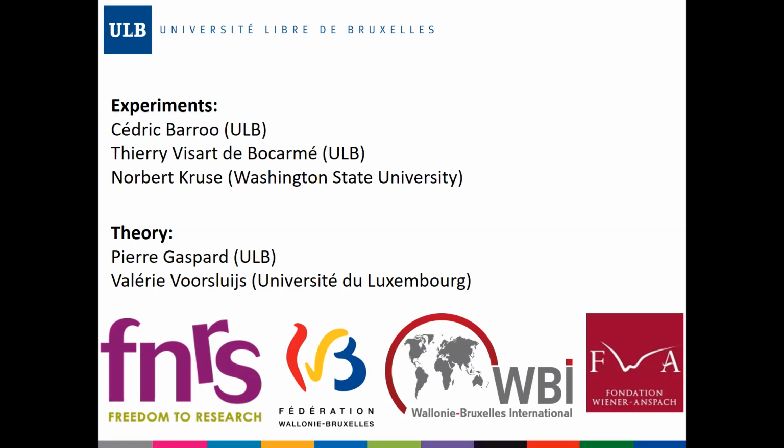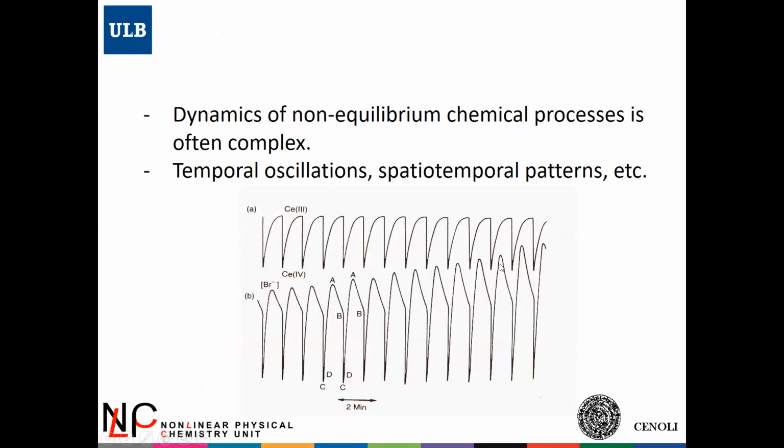In terms of context, the idea is to study complex chemical processes. As you all know, probably, chemical reactions can give rise to very complex phenomena out of equilibrium. These complex phenomena can be temporal oscillations, like in the Belousov-Zhabotinsky reaction.